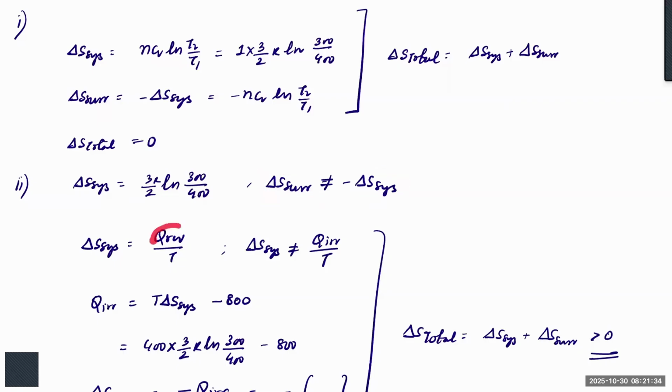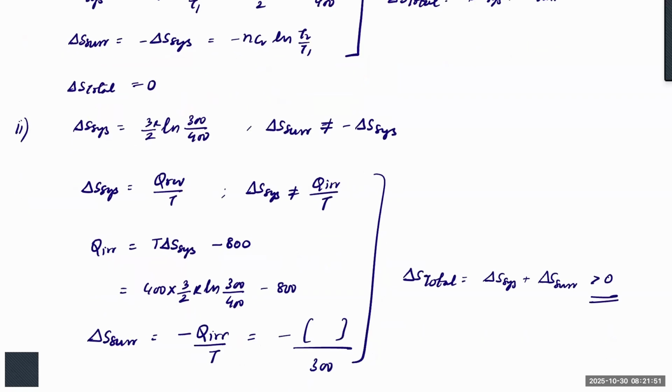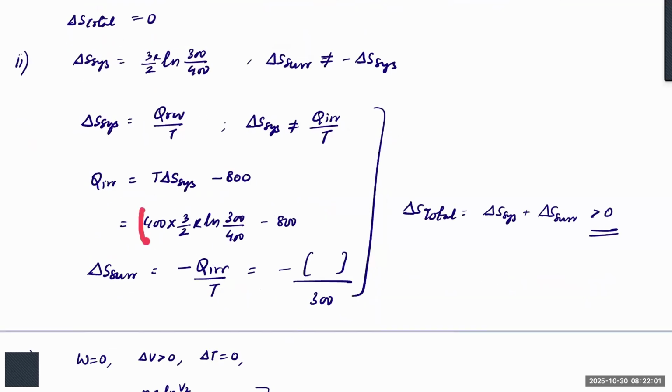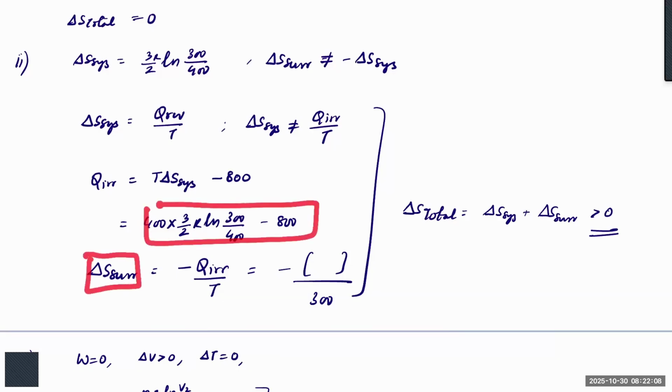Now, delta S of the surroundings will be Q reversible by T. As per the question, Q irreversible will be equal to T delta S of the system minus 800, because he said 800 is lost to the surroundings. So T delta S of the system minus 800 will be the total heat received by the system. So substituting this value here, I'll get Q irreversible. Now, how do I calculate delta S of the surroundings? It is Q irreversible by T.